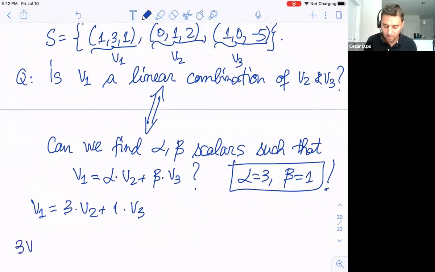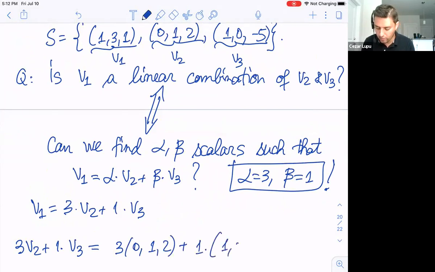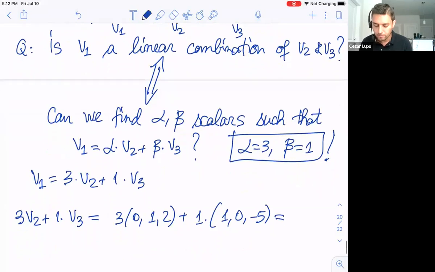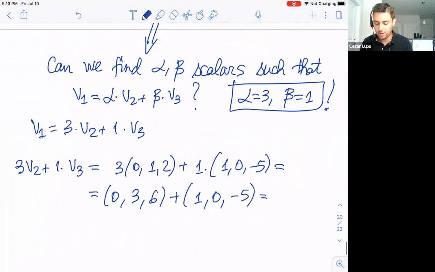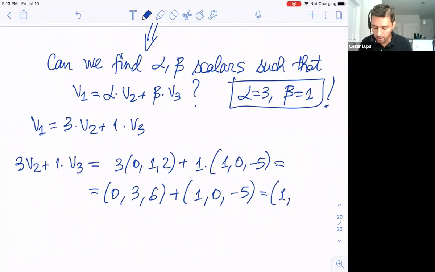So 3 V2 plus 1 times V3 is nothing else than 3 times (0, 1, 2) plus 1 times (1, 0, negative 5). This is the multiplication of a scalar by a vector. So the first one will be (0, 3, 6) plus (1, 0, negative 5), and indeed that will be (1, 3, 1).